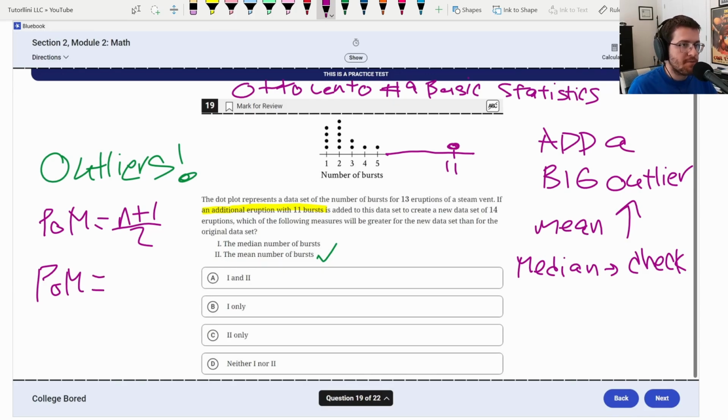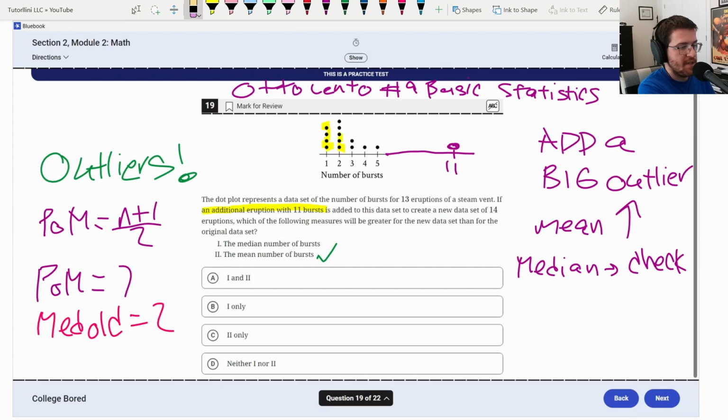So 13 plus 1 is 14. 14 over 2 is 7. So I'm now going to, again, just looking at these, count to 7. So 1, 2, 3, 4, 5, 6, 7. Okay, so the seventh number, right here, is a 2. So the median of the old data set is a 2.